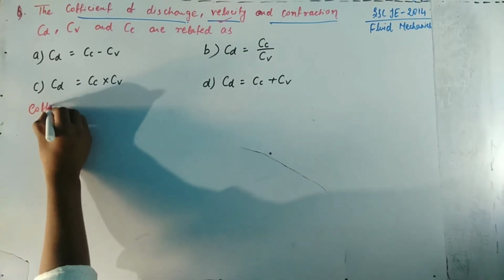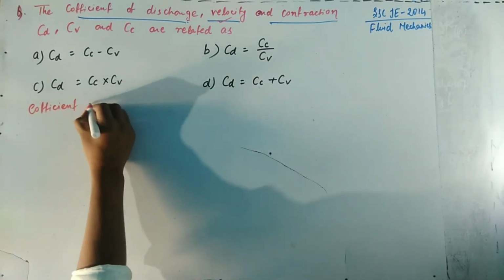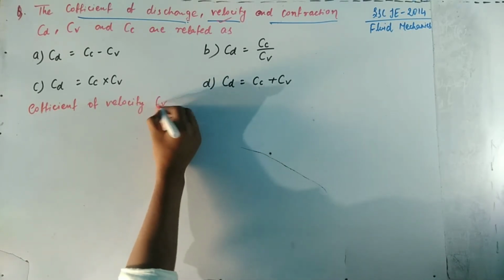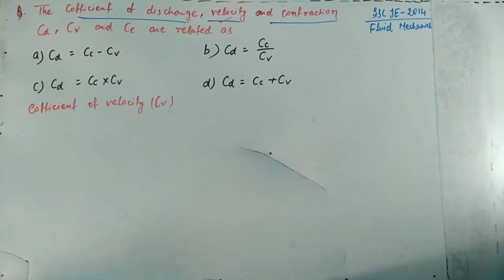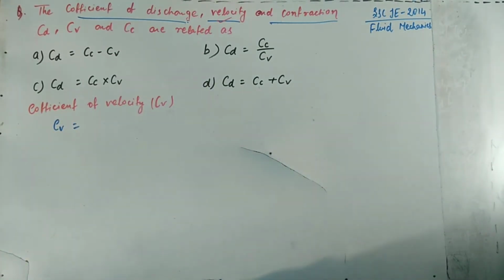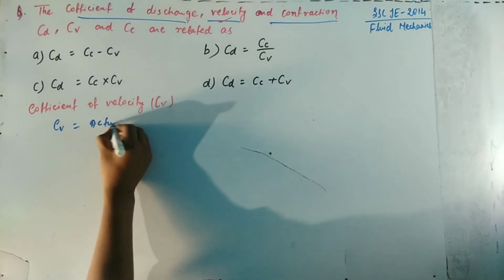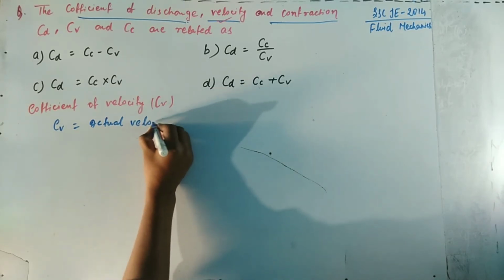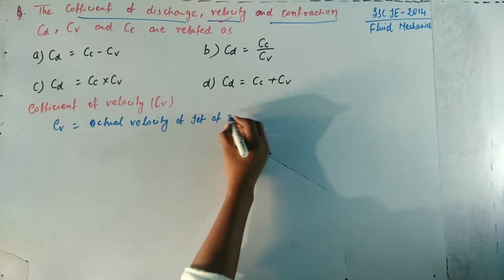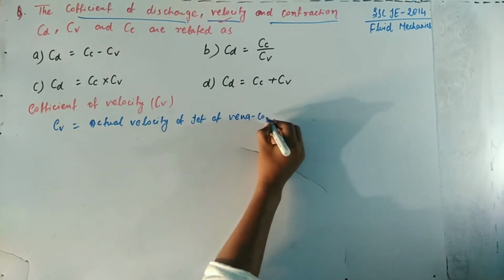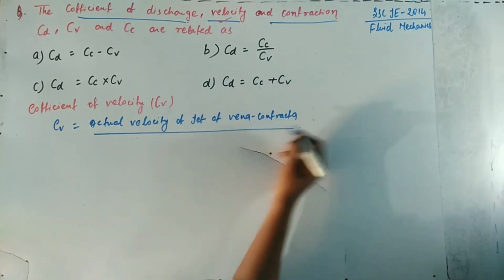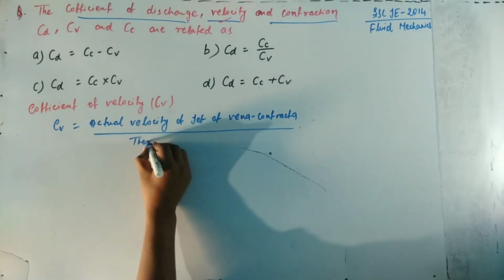So first we take the coefficient of velocity. What is coefficient of velocity? Coefficient of velocity is the ratio of actual velocity of jet at vena contracta to the theoretical velocity. That is, CV equals actual velocity of jet at vena contracta by theoretical velocity.